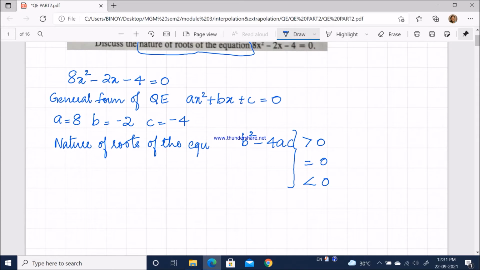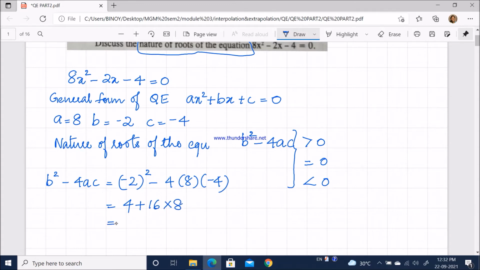So let's find what is b square minus 4ac. So b square minus 4ac is equal to minus 2 the whole square minus 4 into 8 into minus 4, which is nothing but 4 plus 16 into 8. That is 4 plus 128.